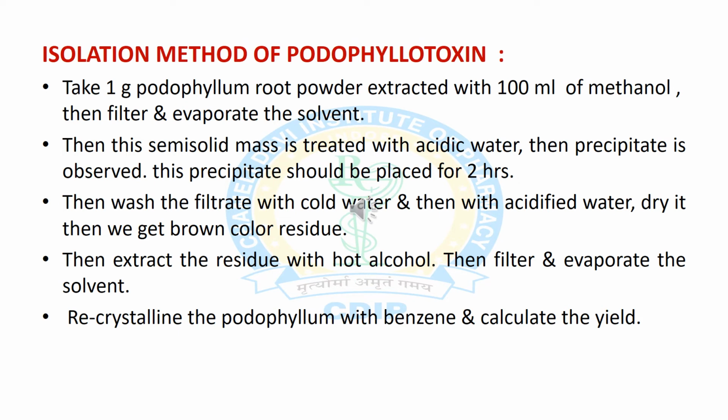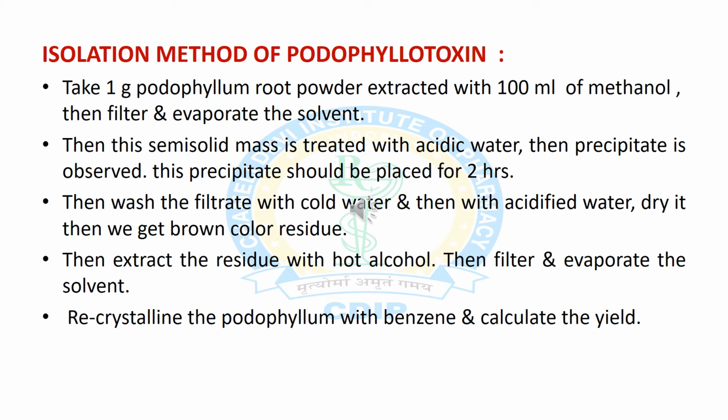Now we will discuss the isolation method for podophyllotoxin. First of all we take 1 gram of podophyllum root powder and treat it with 100 ml of methanol, then filter and evaporate the solvent, and we get a semi-solid mass. This semi-solid mass is treated with an acidic solution like H2SO4 or HCl, and then we get a precipitate, which is left for 2 hours.